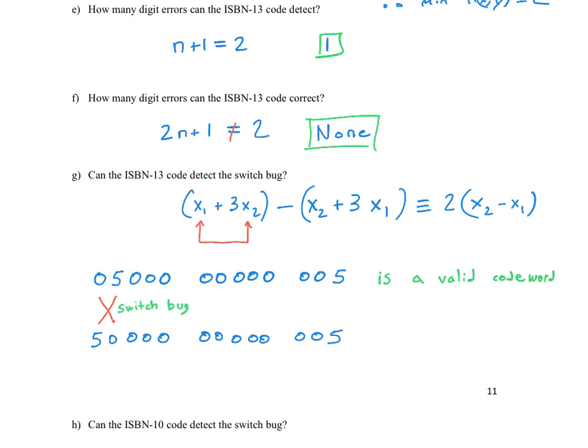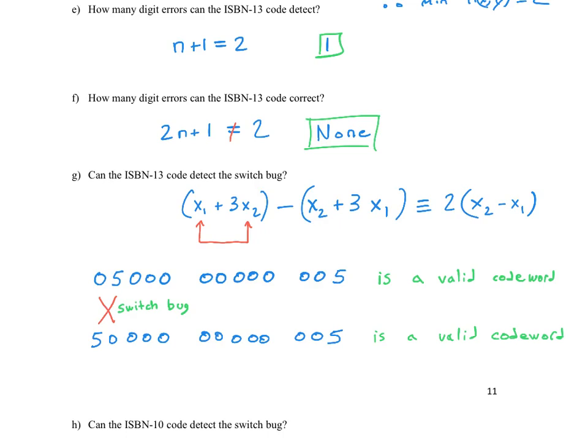And then if all systems are working, this should no longer be a valid code word in the ISBN 13 code. But if we calculate this, we have 5 and then a bunch of zeros and then a 5 at the end, we get 10, which is 0 in mod 10. So this is also a valid code word.